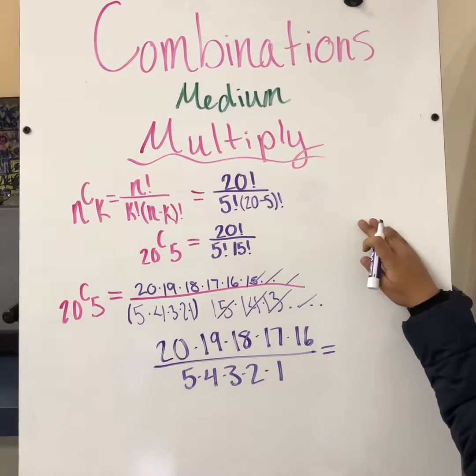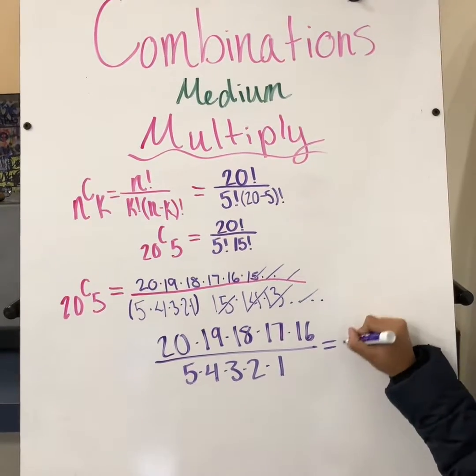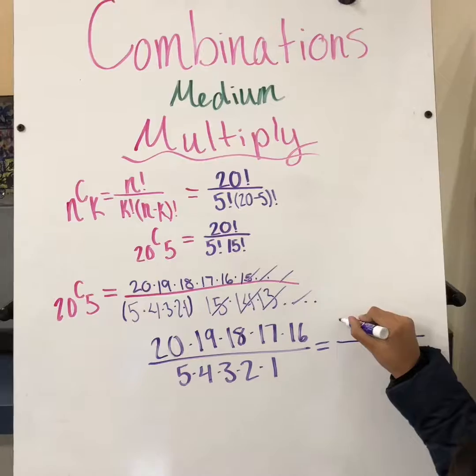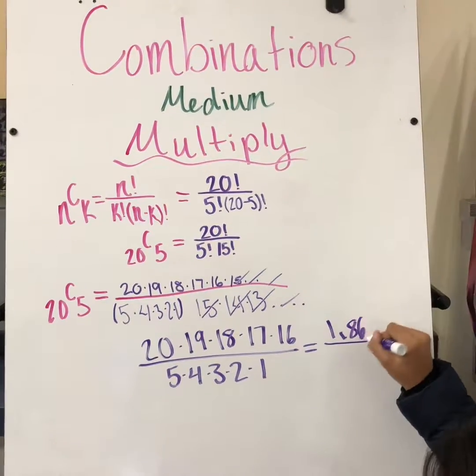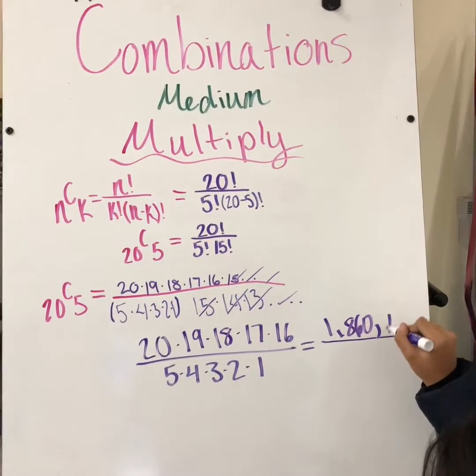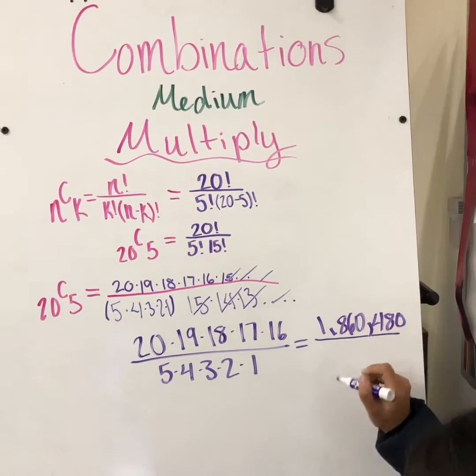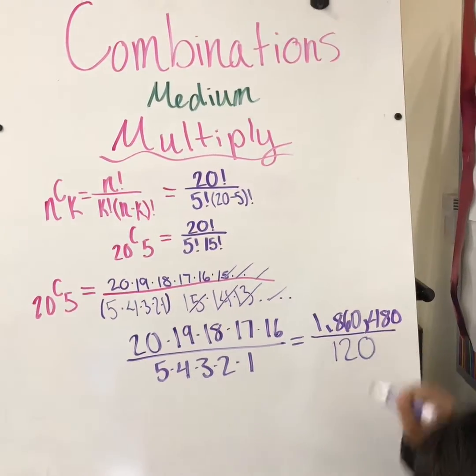So the next step is multiply, and the top half is going to equal 1,860,480 over 120.